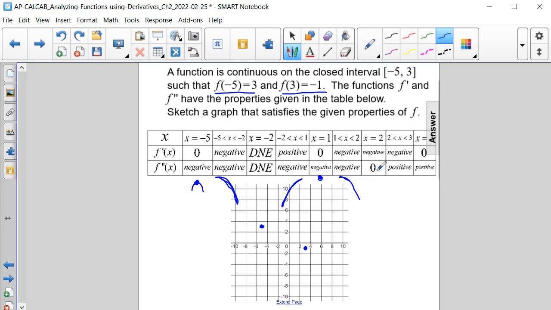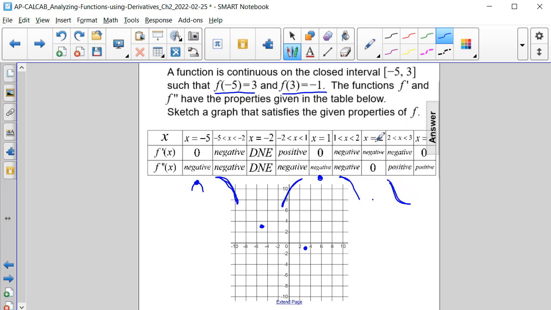And then at x equals 2, we are still going to decrease, and we are going to have a second derivative equal to 0, meaning that at x equals 2, we're going to have a point of inflection. And then from 2 to 3, we are still going to decrease, but we are going to have a positive second derivative, meaning we're going to be decreasing and concave up like this.